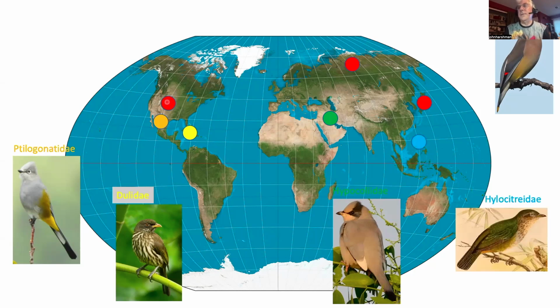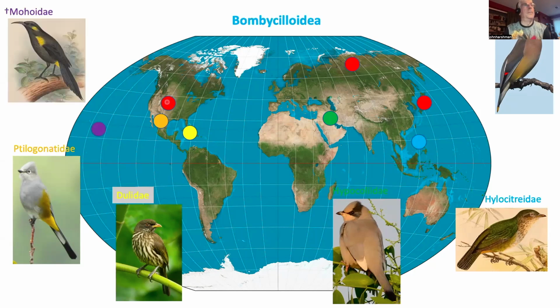This is the hylocitrea, 2 species, both on the island of Sulawesi. And finally, the mohoas, 2 extinct species formerly from Hawaii, thought to be Hawaiian honeycreepers for a long time until somebody looked at some fossil DNA.